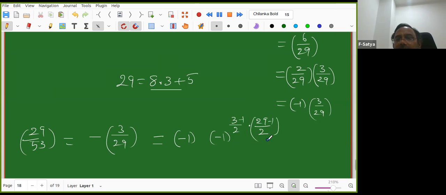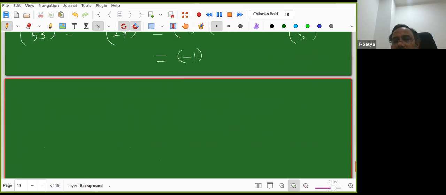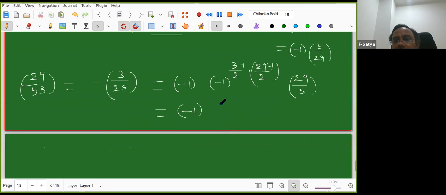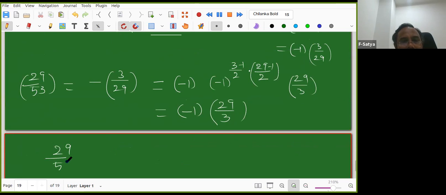But 29 minus 1 by 2 is even, so it is not a problem. So it is 29 by 3, and the sign is still plus 1. So 29 by 53 finally becomes -1 times 29 by 3.